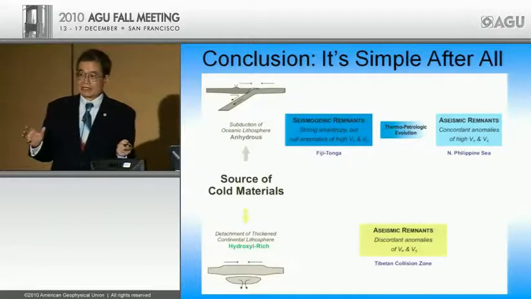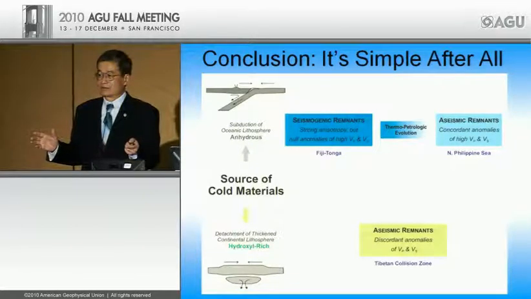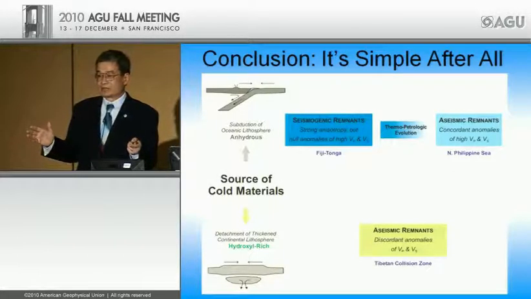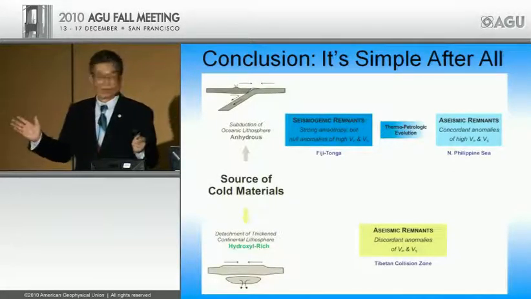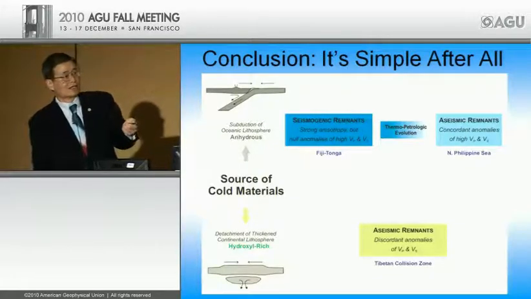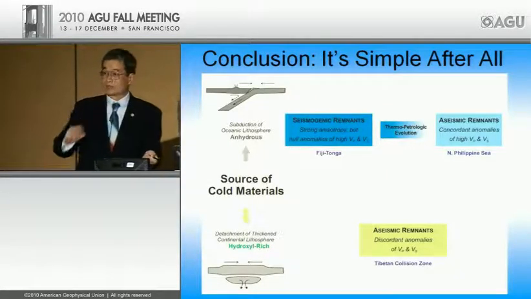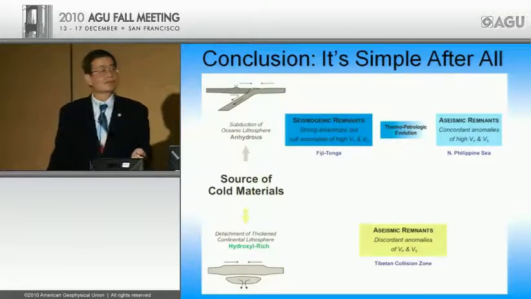Metastable olivine and hydroxyls don't mix. If you have more than about 100 ppm of hydroxyls, metastable olivine will just turn into spinel. There's nothing left there. So here you would have an aseismic remnant, like what we see in Tibet, and you will see a discordant anomaly. It's detectable only through P waves. S wave won't see it.